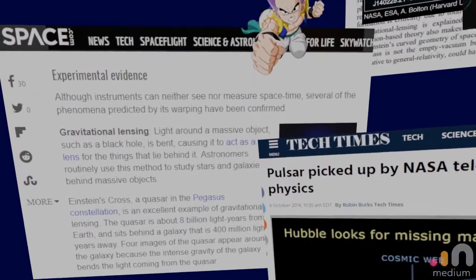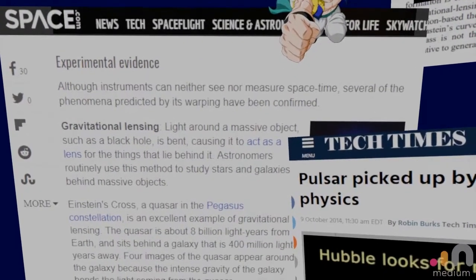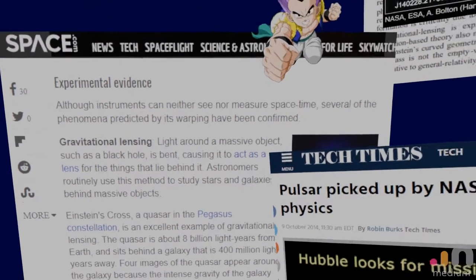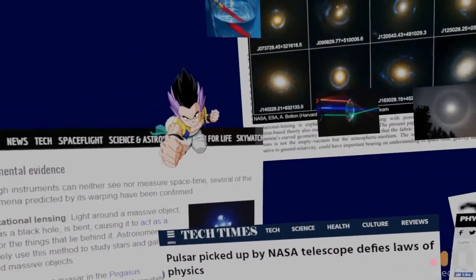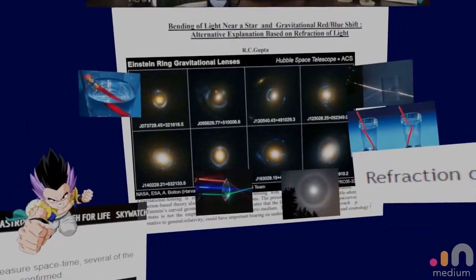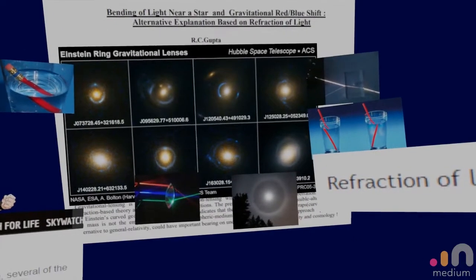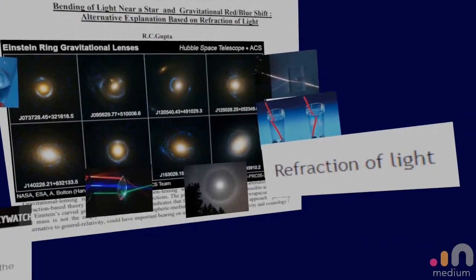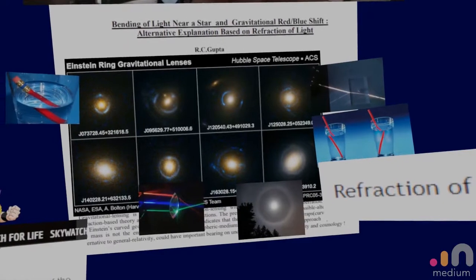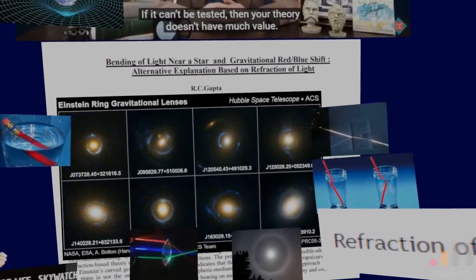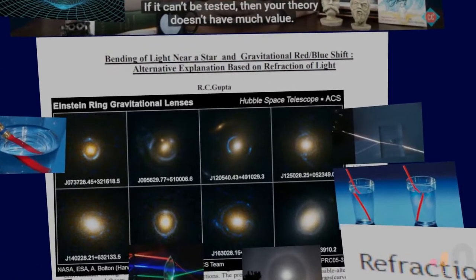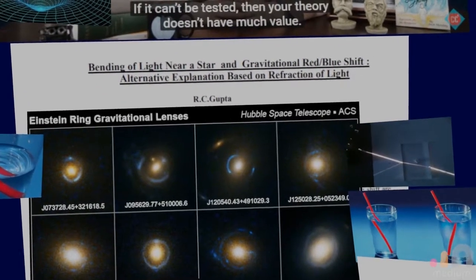Although instruments can neither see nor measure space-time. Holy shit! This paper is an alternative explanation that says, mathematically, it could be the refraction of light, and not space and time. If it can't be tested, then your theory doesn't have much value.